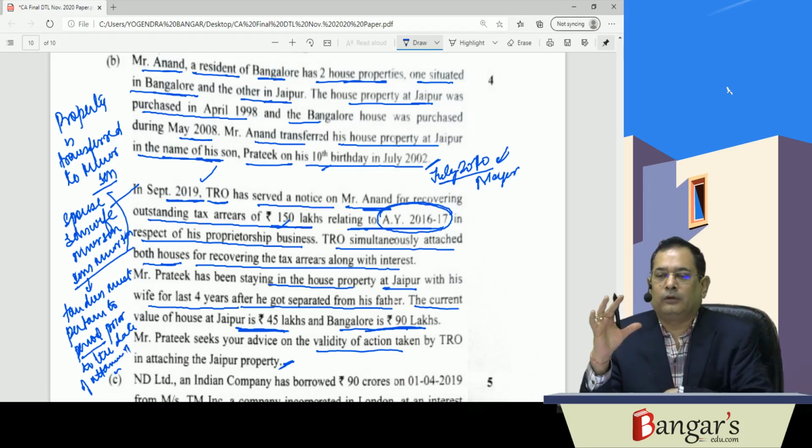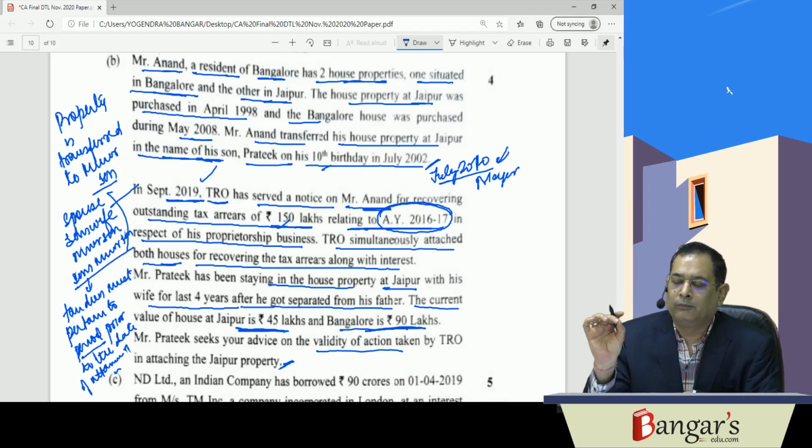Here, the tax dues basically must pertain to the period prior to the date of attainment of majority. Even if he has become major, the same can be recovered. But the important aspect is the tax dues must pertain to the period prior to attaining such majority.